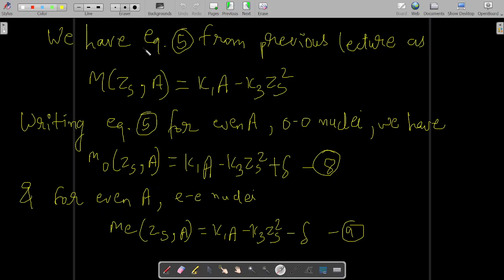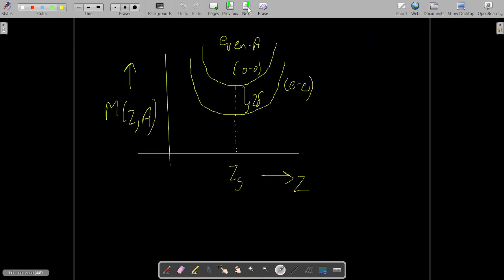We have equation 5 from the previous lecture. You can also see over here that this parabola is for the even-even nuclei. So the isotopic mass is lower, as compared to this.